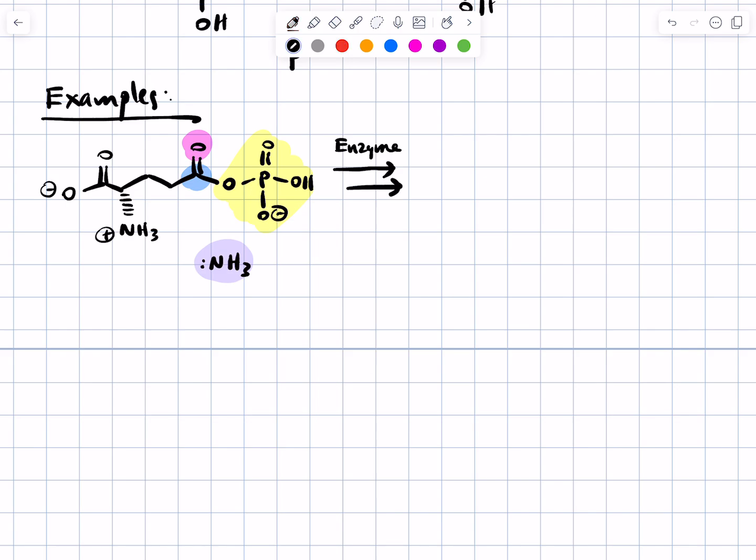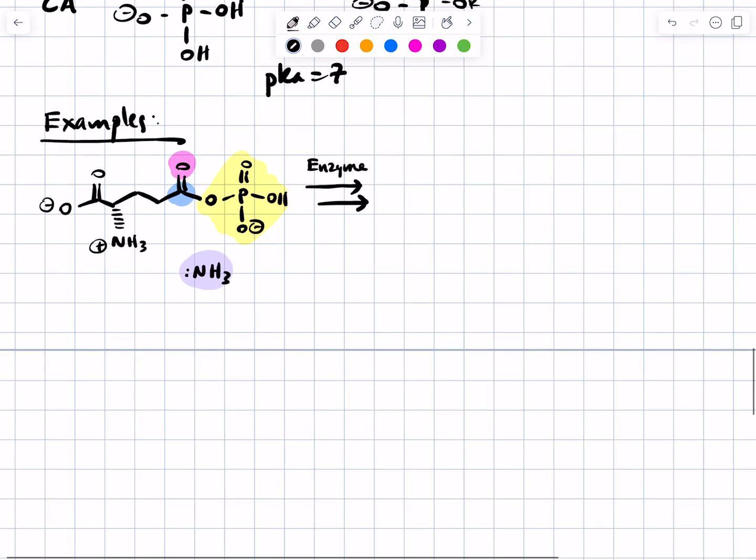I'm going to skip several steps ahead in the mechanism. I'm also not going to show the proton transfer reactions, but I will show the key tetrahedral intermediate, which looks like this. Here's what used to be the carbonyl carbon. Here's the carbonyl oxygen. Here is the nucleophile that came in. A proton has been removed so that now it's a neutral NH2 and not a good leaving group.